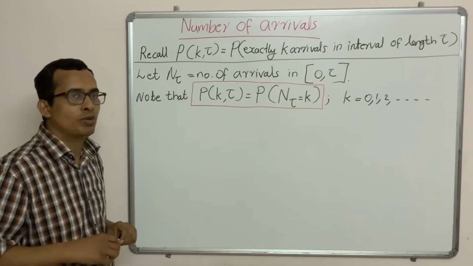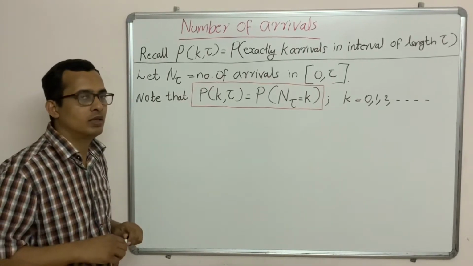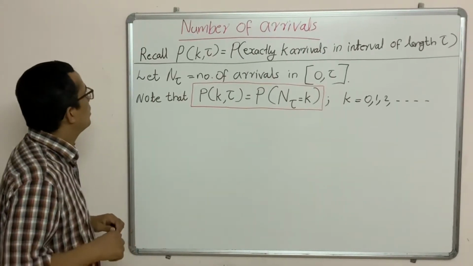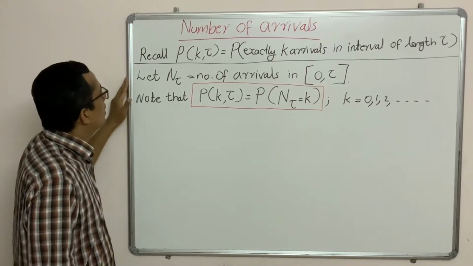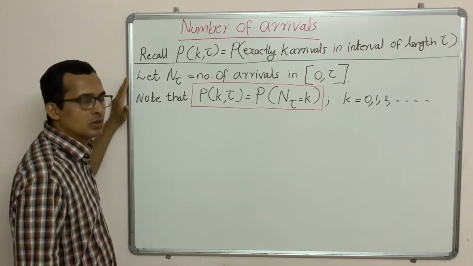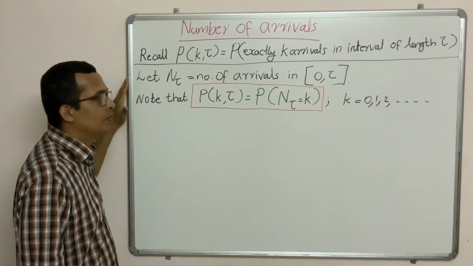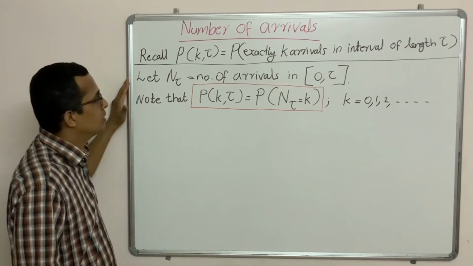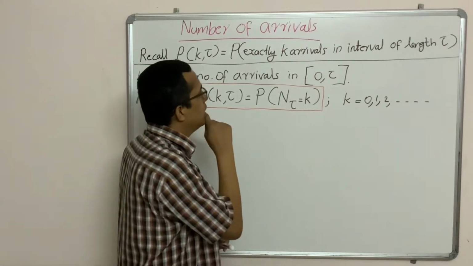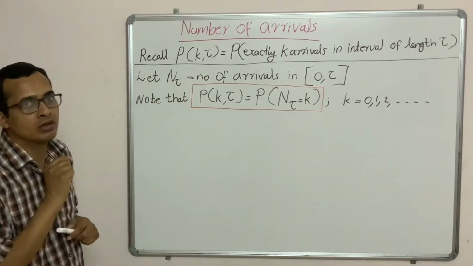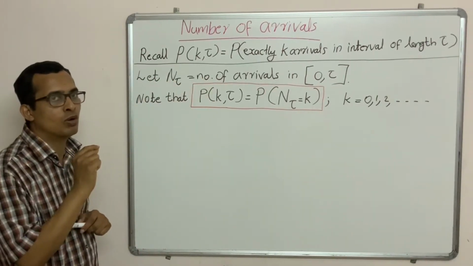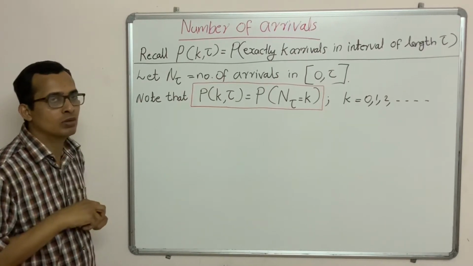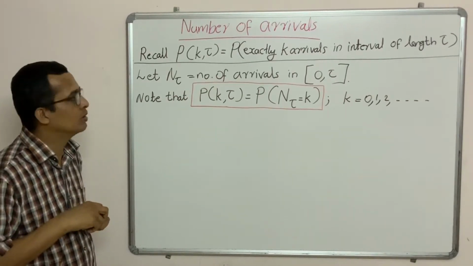So for a Poisson process with rate lambda, recall that p_k(tau) is the probability of exactly k arrivals in an interval of length tau. I am just writing the interval 0 to tau, but instead of 0 to tau, I can replace it by any interval of length tau, like 100 to 100 plus tau and so on.